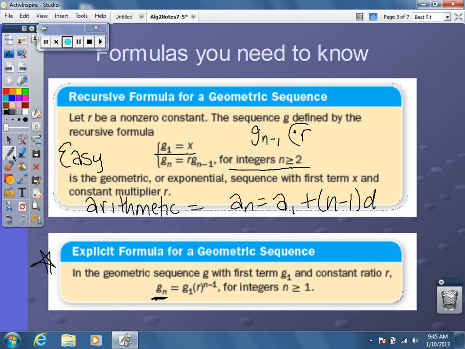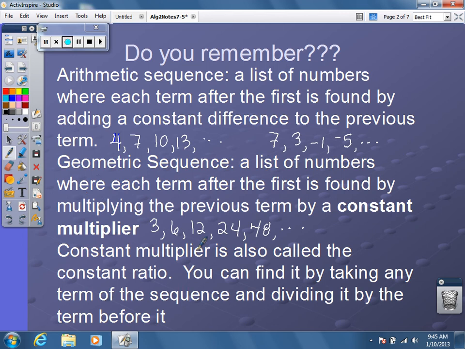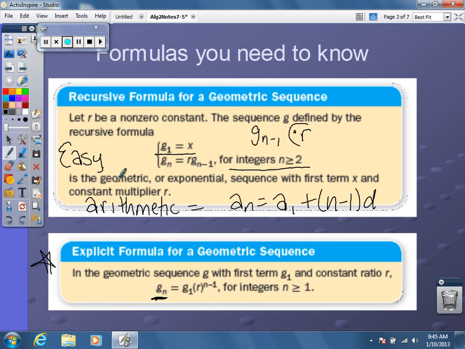Okay, so go back to the one we just had. 3, 6, 12, 24, 48, ... If I'm going to write this, what would I have? G sub n equals, what was the first term? Well, that's 3. What is r?